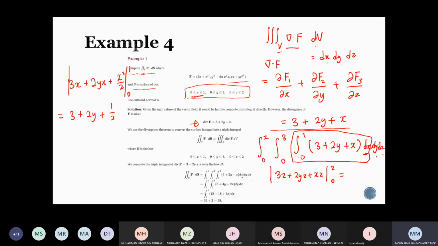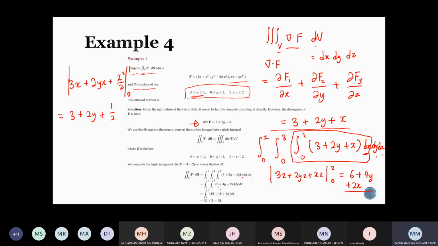So you end up with 6 plus 4y plus 2x, and then minus 0. All the z are 0, so you get 0. These are the answer for the first integration.